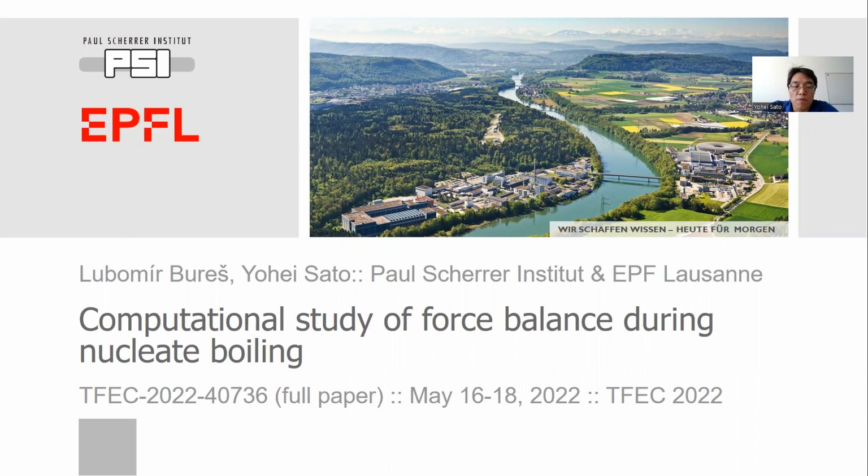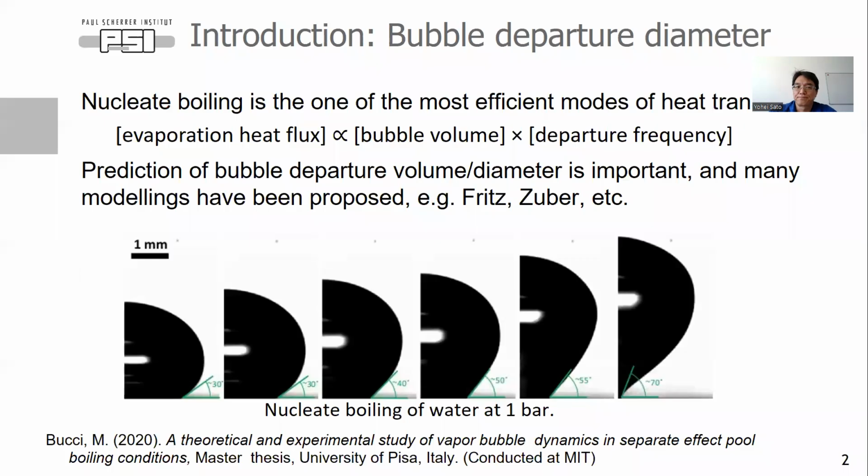Today, we want to talk about the computational study of force balance during nucleate boiling. Nucleate boiling is one of the most efficient modes of heat transfer, and the evaporation heat flux is proportional to the bubble departure volume multiplied by the bubble departure frequency.